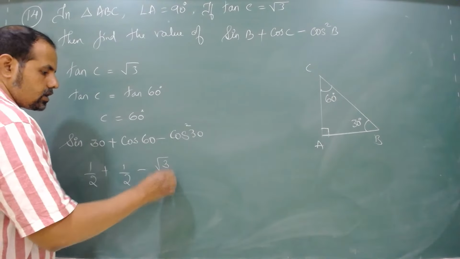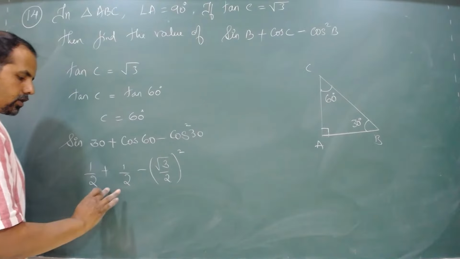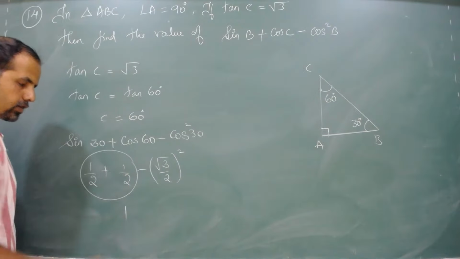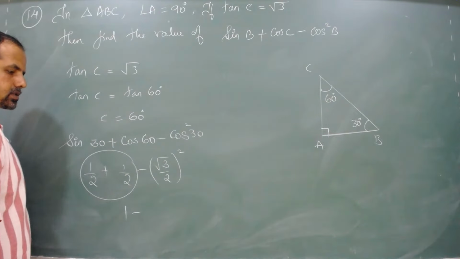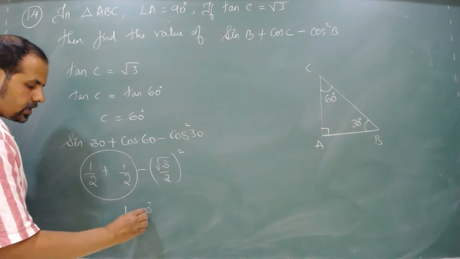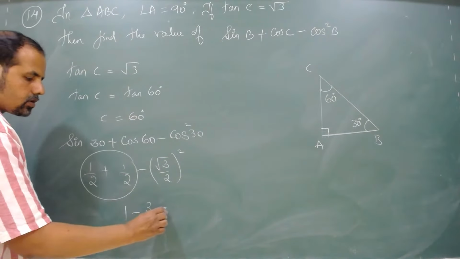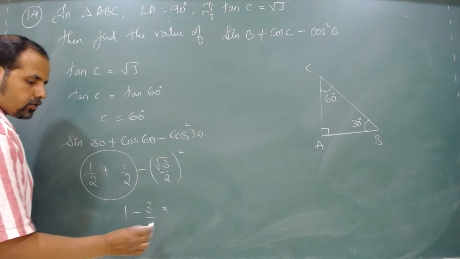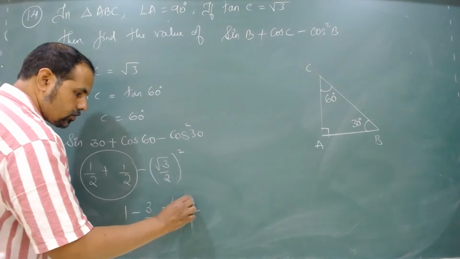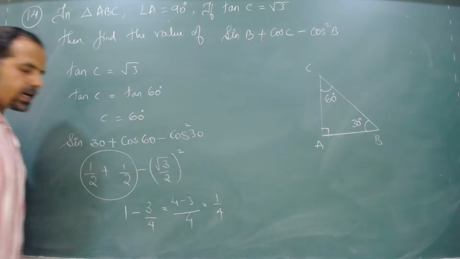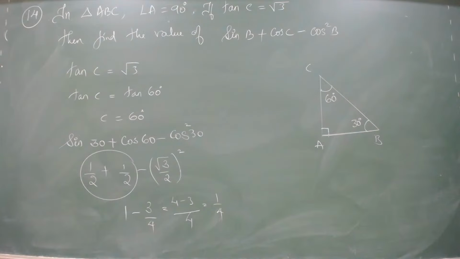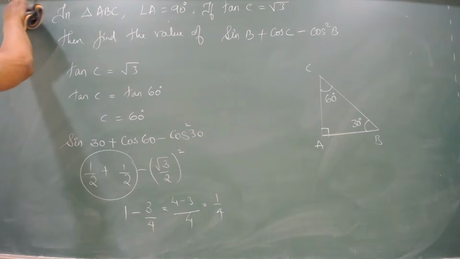Cos 30 is root 3 by 2. 1 by 2 plus half is 1, minus root 3 by 2 square is 3 by 4, so 1 minus 3 by 4. LCM is 4, 4 minus 3. So the answer is quarter, 1 by 4. Take a note. A 3-mark question.